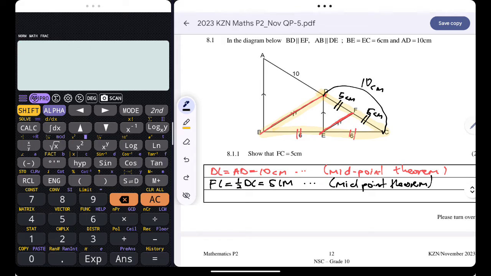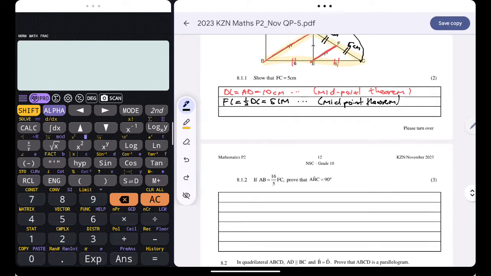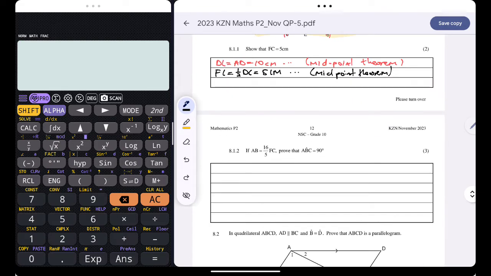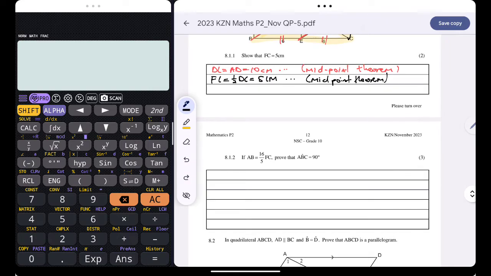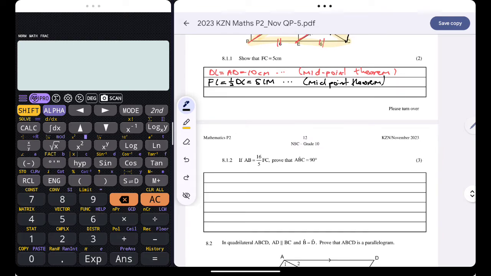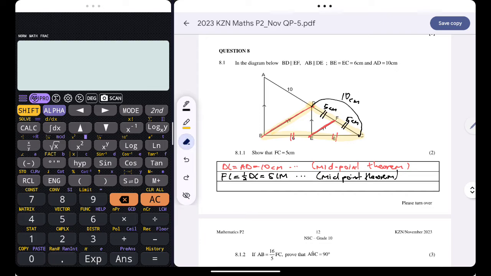All right, together. So now you've proven that FC is equal to 5 centimeters. Okay, and then now we are being told that if AB is 16 over 5 times FC, prove that angle ABC is 90 degrees.